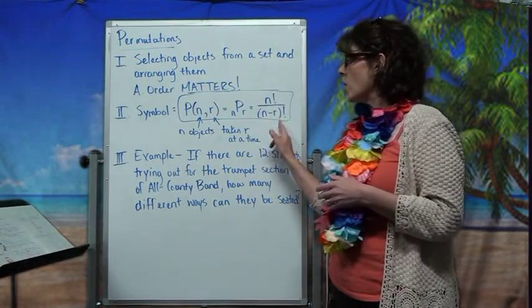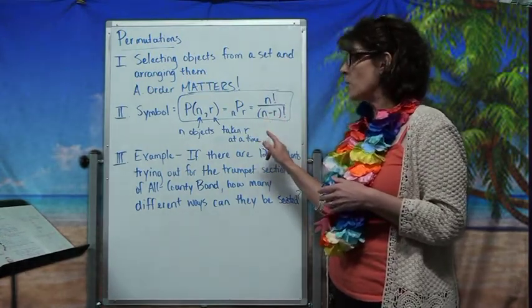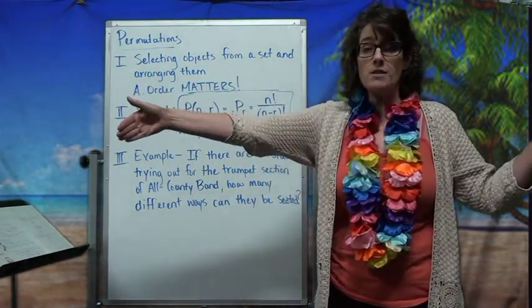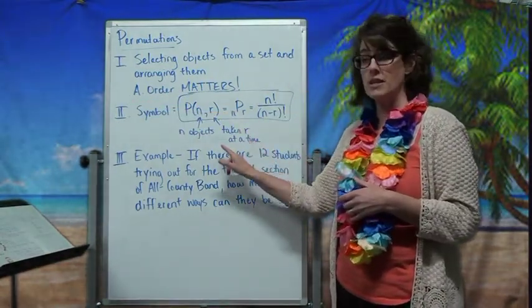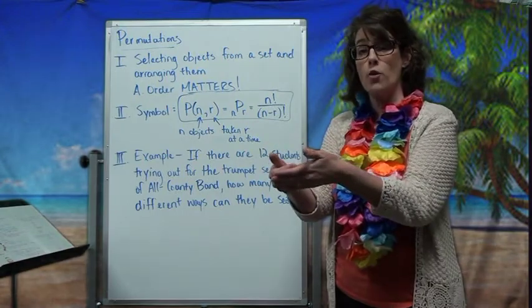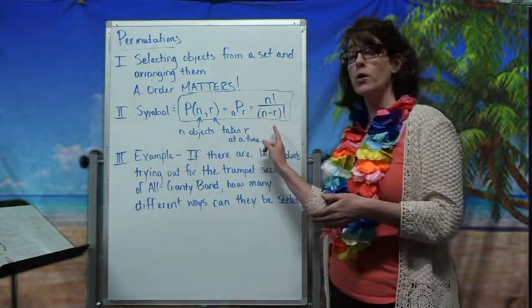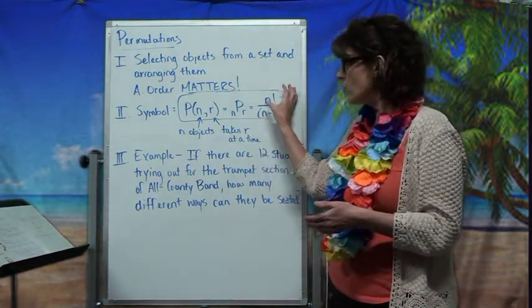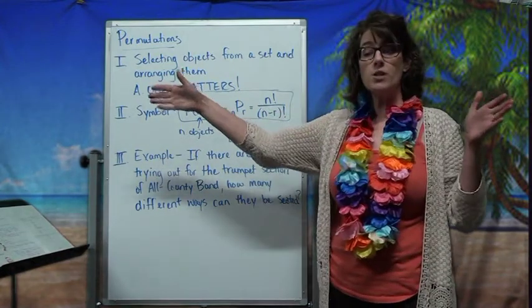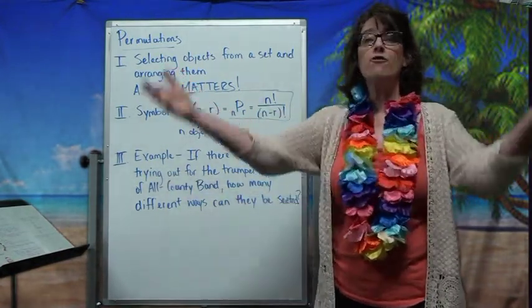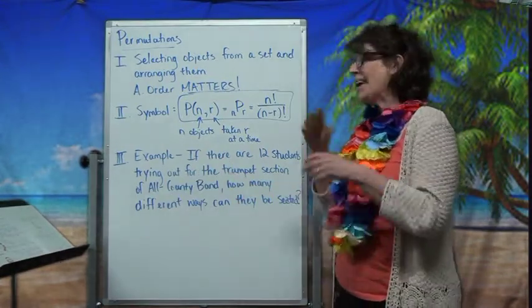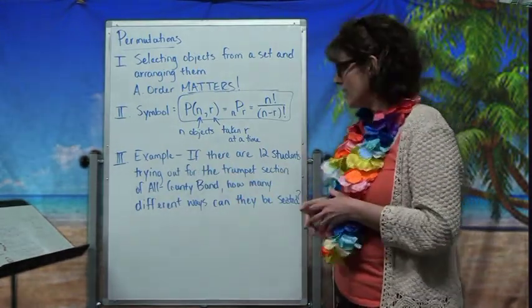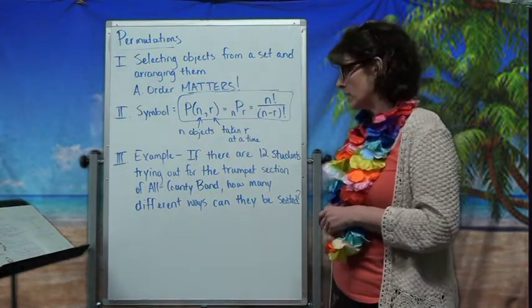But then in this denominator, what I'm going to do is I'm going to say, well, let's take all those objects and let's take out how many we are selecting so that I see what's left over. I'm going to do a factorial of what's left over so that it'll cancel out my total that's in that numerator, and that will leave me with whatever is left. So I know that's not making a whole lot of sense right now, so let's take a look at an example and then it'll settle in really well.